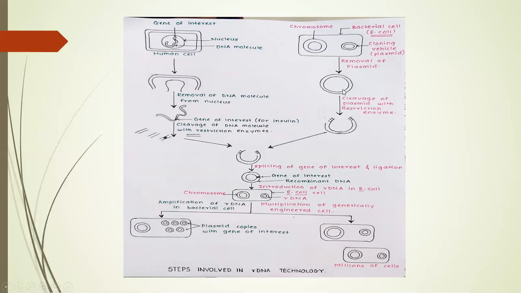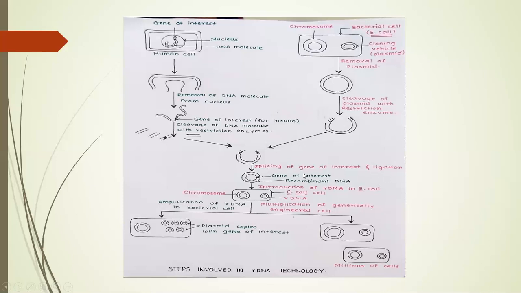In the next stage, we remove the plasmid from the bacterial cell, and the cleavage of this plasmid is obtained with the help of a restriction enzyme. The sticky ends of the vector DNA and the DNA fragment of interest are joined with the help of the enzyme DNA ligase. This process is called ligation.